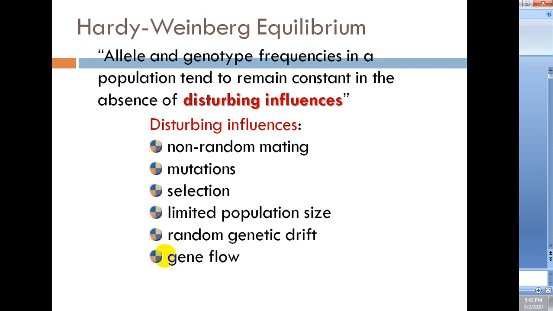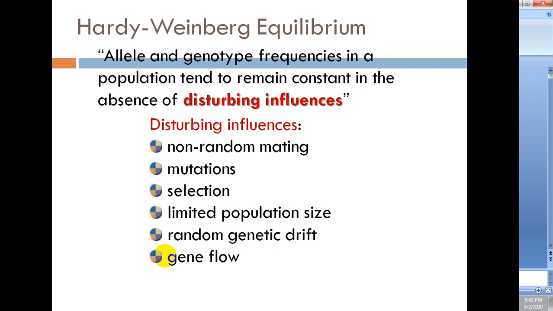And similarly, limited population size: when the population size is reduced to a few individuals, due to the force of genetic drift, the bottleneck effect or the founder effect, there is a change in allelic frequency. And similarly in gene flow.